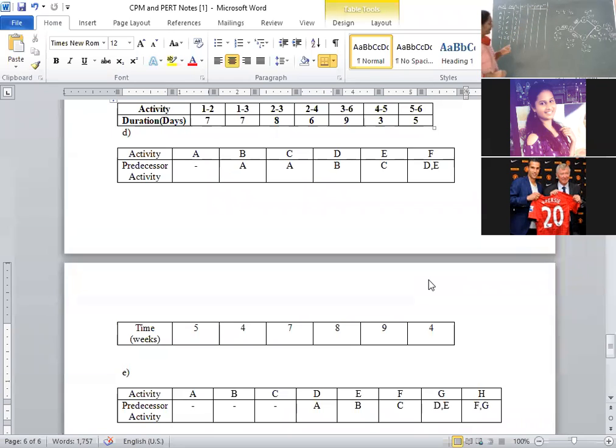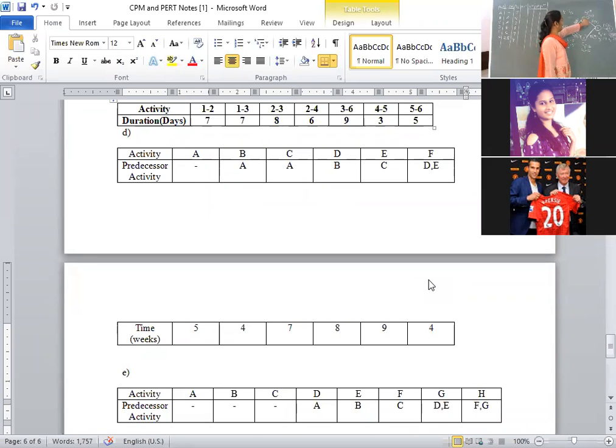Now, I told you how to identify the critical path. Wherever the E and L values are equal, that is our critical path. E1, L1 value is 0. E2 value is 5, L2 value is 5. Critical path is always represented by a double line arrow.